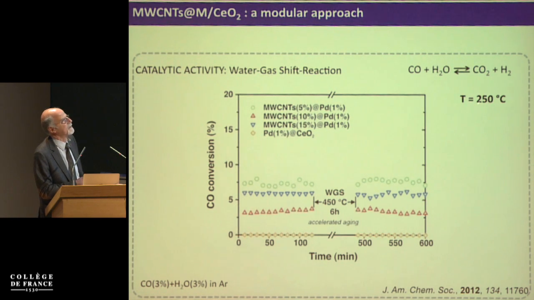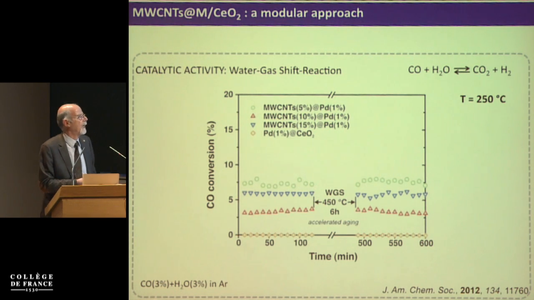It's 100 degrees less in temperature. Even if we achieve an accelerated aging by heating at 450 for 6 hours, we keep the same catalytic activity. So this is, of course, a much better behavior for this reaction by using carbon nanotubes.